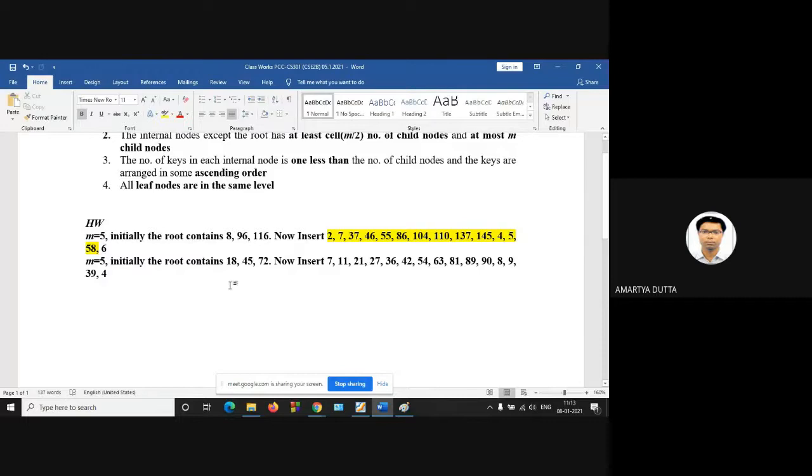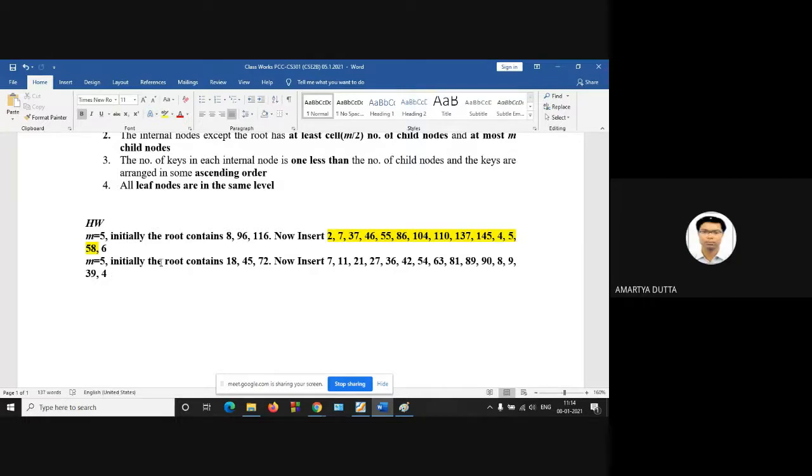Yes, this is 36. You're correct. And from 36, the left child will be 8 and 18, and the right child will be 45 and 72.